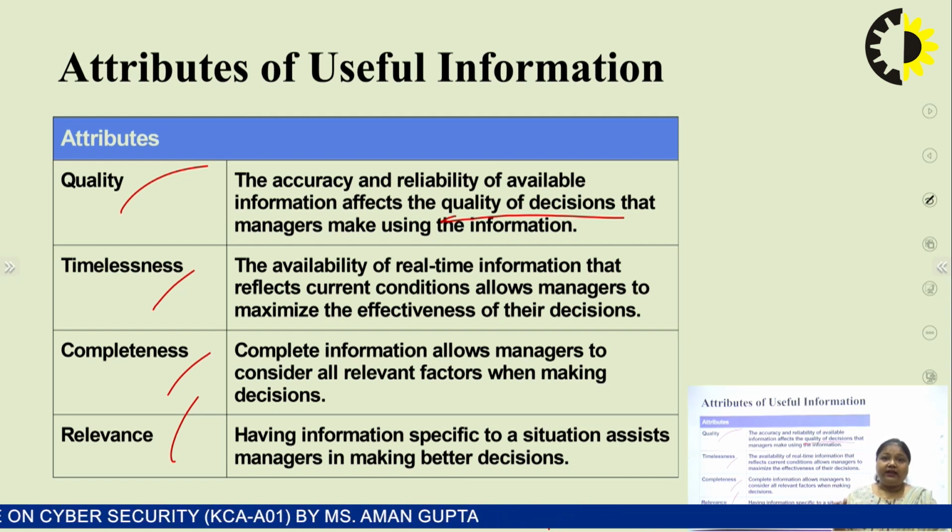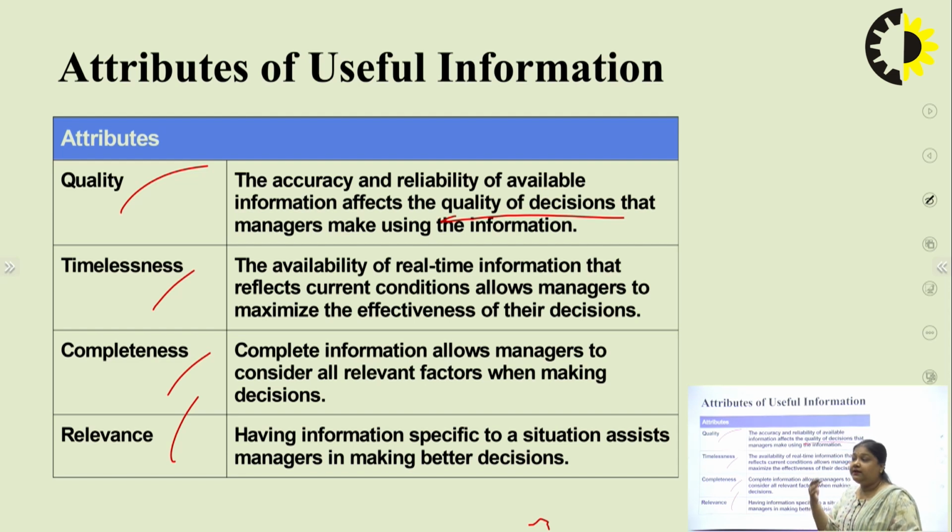It is a very important factor which affects the quality of decisions. All the decisions depend upon the facts and figures that we get from the information system being correct. So, the decisions that the managers make using the information are also correct.